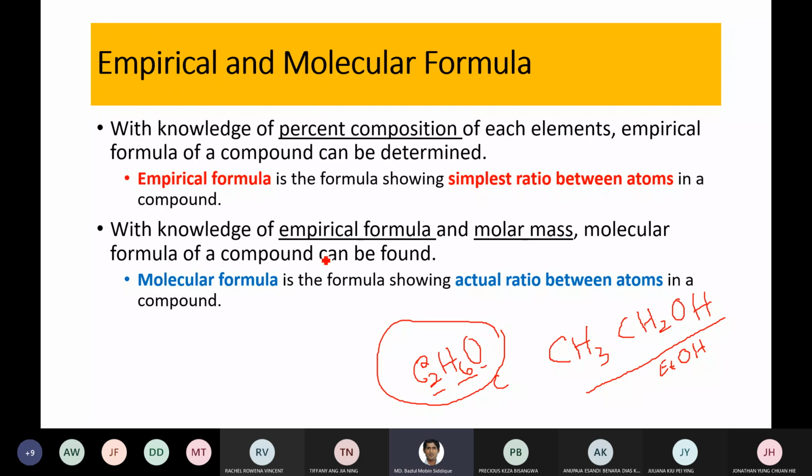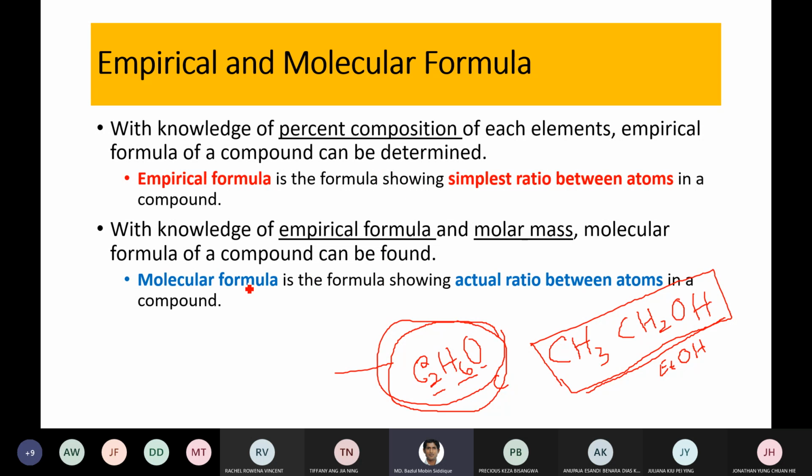So from this empirical formula, we cannot say with certainty that this is ethanol. But with this molecular formula, there can be nothing else other than ethanol, a specific compound. All right.